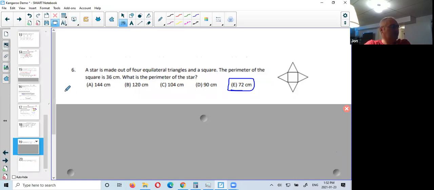Okay, so I think it's E because the perimeter of the square is 36, and 36 divided by 4 is 9, so each side of the square is 9, and one side of a triangle looks like a side of the square.